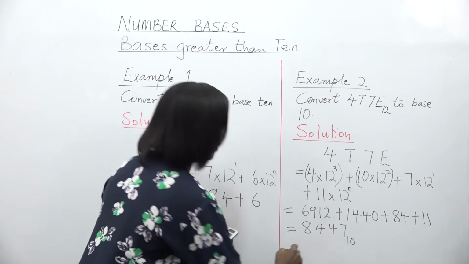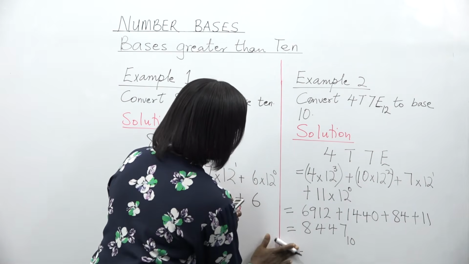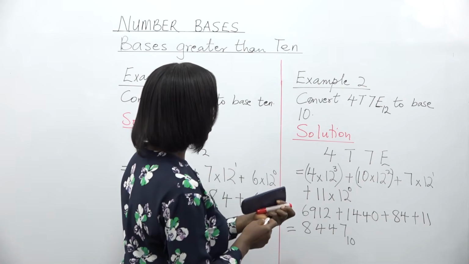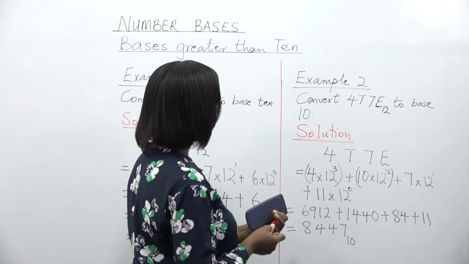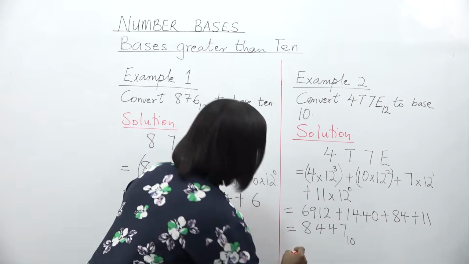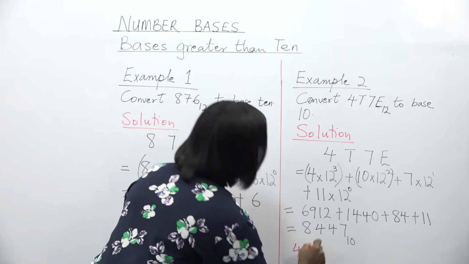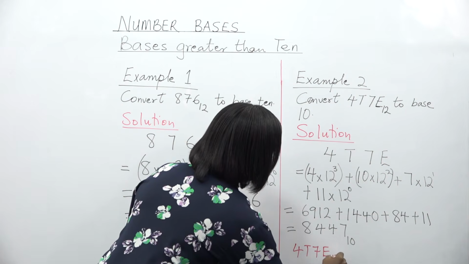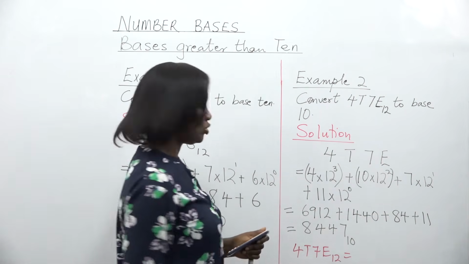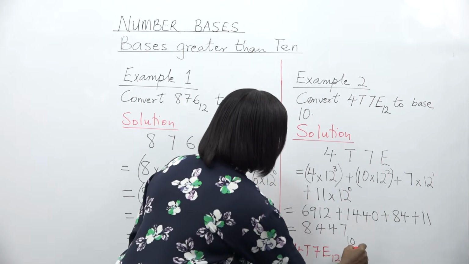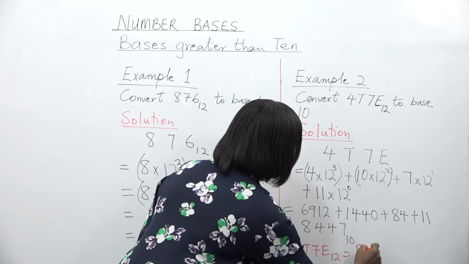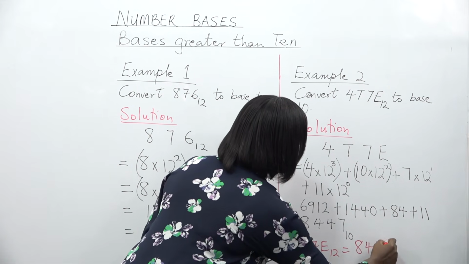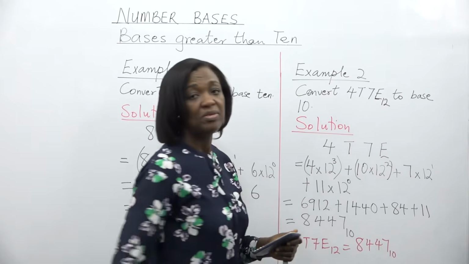So we mean that 4T7E base 12 is equal to 8,447 base 10.